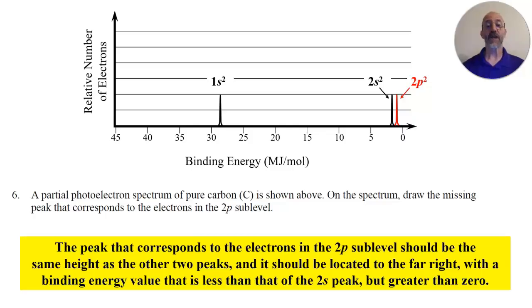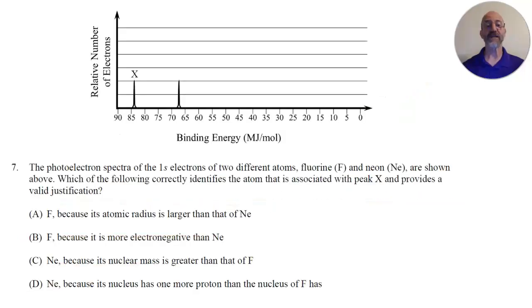Now let's move on to another question involving photoelectron spectra. This is question 7. This is a multiple choice question, and it says the photoelectron spectra of the 1s electrons of 2 different atoms, fluorine and neon, are shown above.